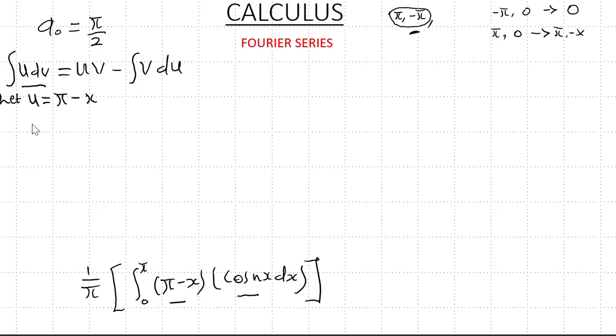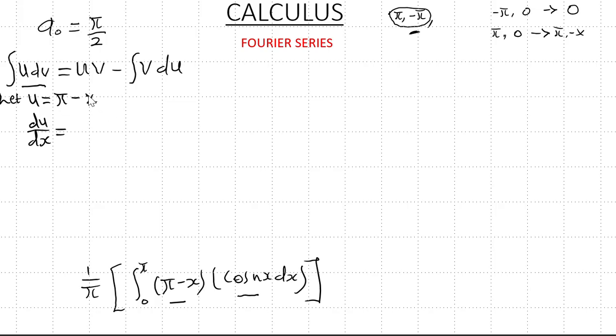Differentiating this gives du dx, meaning we differentiate with respect to x. So our main focus is on x. Therefore, the pi is going to be treated as a constant. And we know that if you differentiate a constant, it is 0.